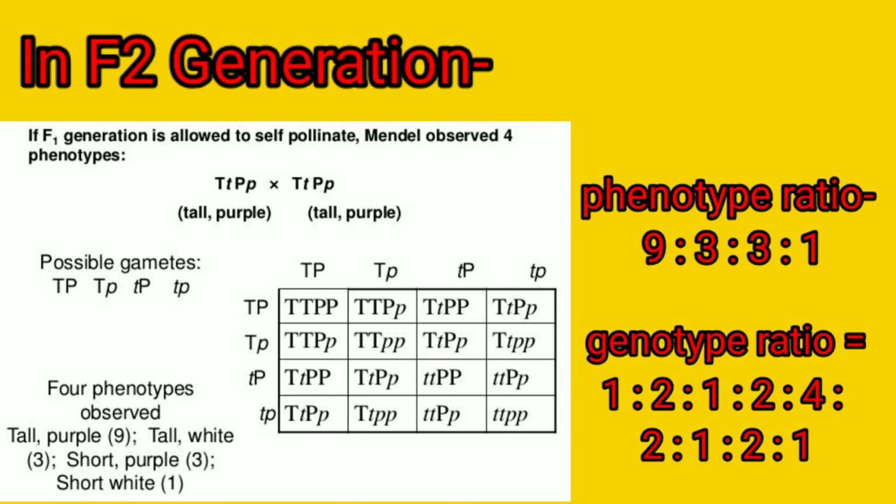The F1 generation is allowed to self-pollinate. Mendel observed 4 phenotypes.